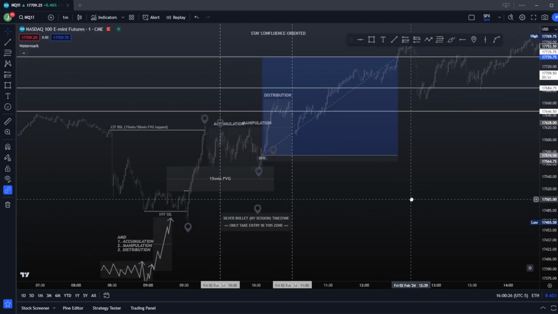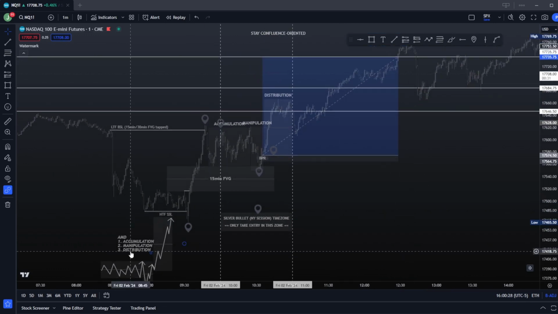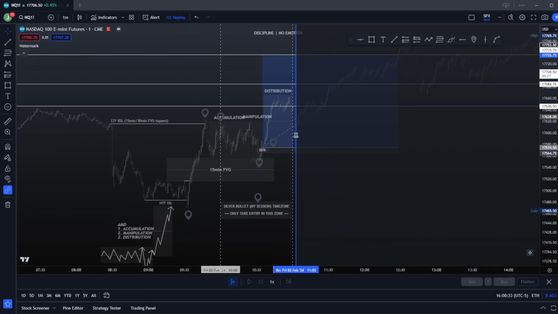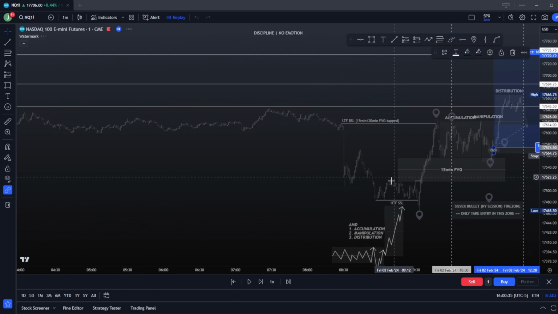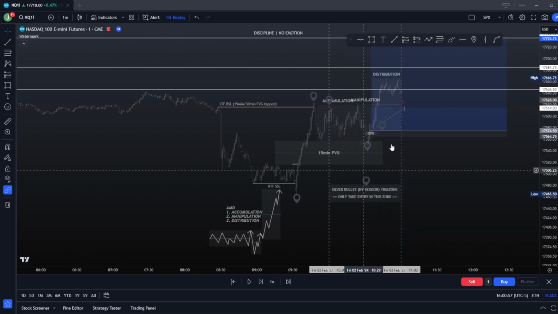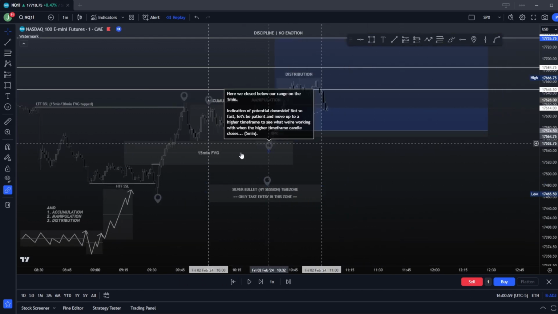But yeah, what are you confused on? Is this live? No, no, this was bar replay. You can go through and block yourself from seeing future price, so you're not looking at things retrospectively, because a lot of people look at price and say, oh, I would have done this, I would have done that, etc. But I did make most of these notes live.